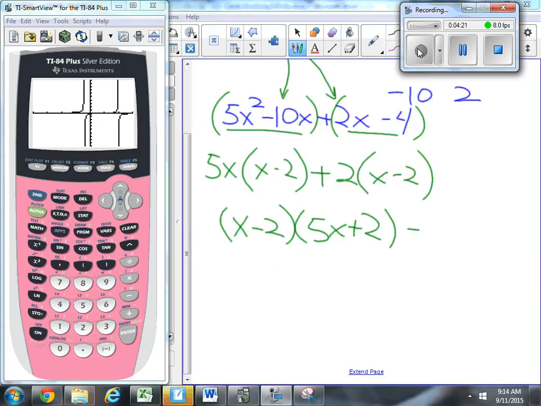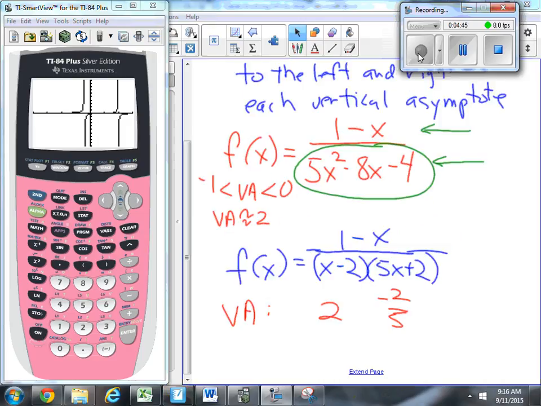And if I set that equal to 0, I see that I have one zero at +2, and another zero at -2/5. And that seems to fit with what my graph is showing me over here. I would have a vertical asymptote at -2/5 and a vertical asymptote at +2.